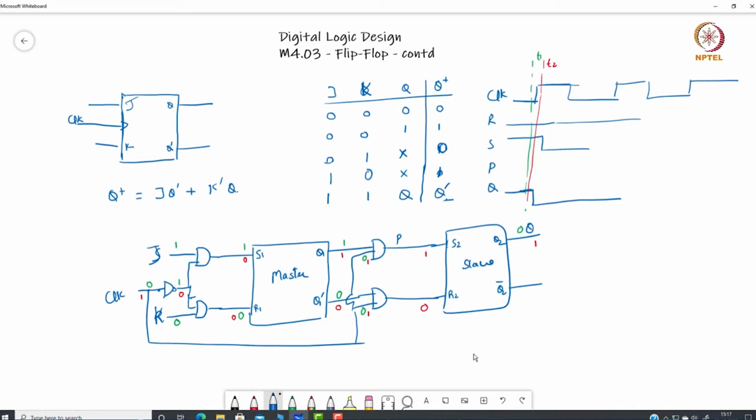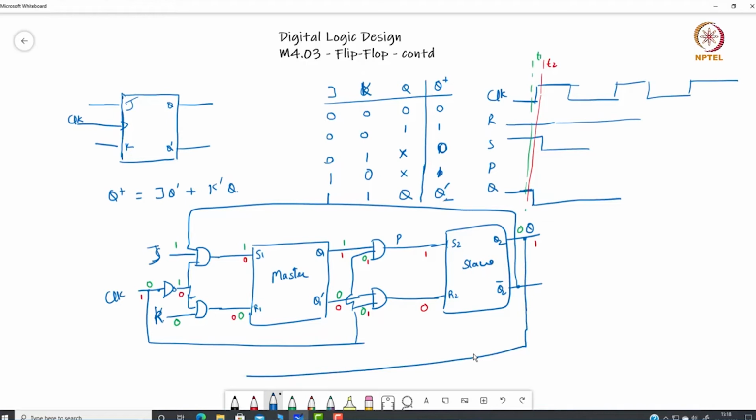Whatever the final output is, it is given as a feedback loop to this input, and whatever is the final output here is given as a feedback loop to my master latch. This feedback loop makes sure that this 1-1 combination will result in the reverse of Q. So you see that J is given input as Q dash and K is given input as Q. So because of that, your output will be the inverted one.